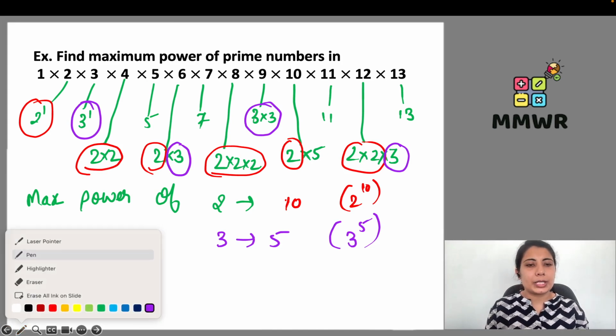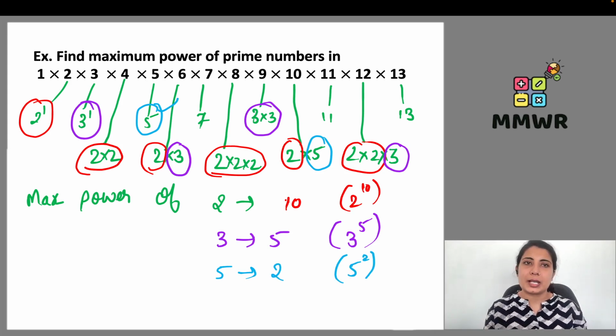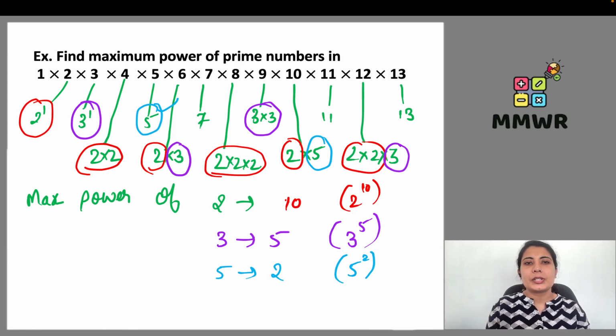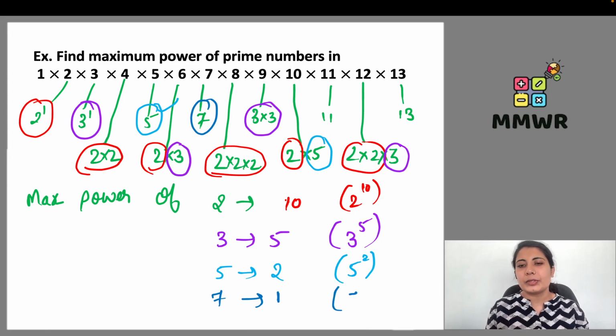Now the next prime number is 5. For 5, here we have 5 once, here we have it twice. So 2 will be the power, and we will write it as 5 square. Then after 5 the next prime number is 7, right? So here we have 7, no more 7s, so 7 has only 1 as the maximum power, 7 to the power 1.